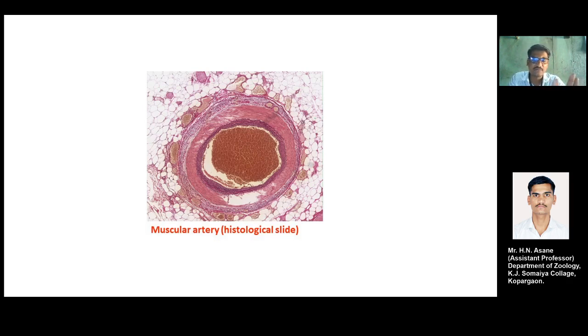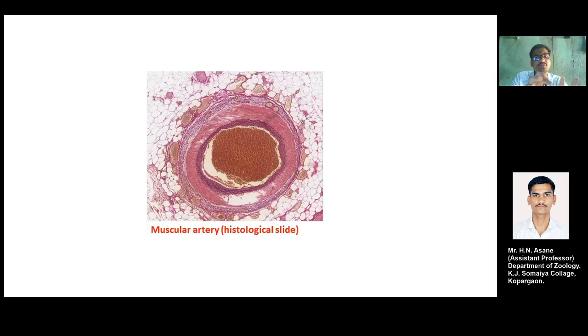That patch is nothing but the lumen of the artery, and all over the periphery at the adventitia layer, you will see patches like muscle, located in between these muscular arteries.